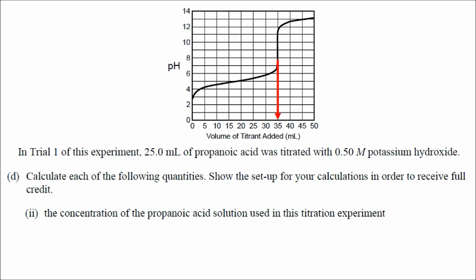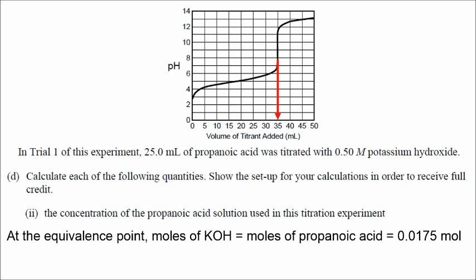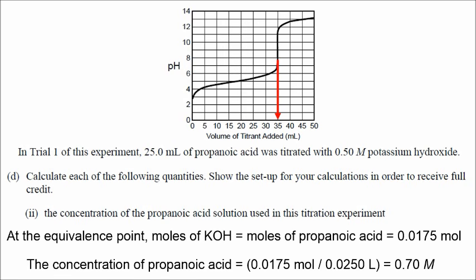So for the concentration of the propanoic acid, it's going to be 0.0175 moles of acid divided by the volume which they gave us. That's 25 milliliters, or 0.025 liters. So my concentration of propanoic acid is 0.70 moles per liter.